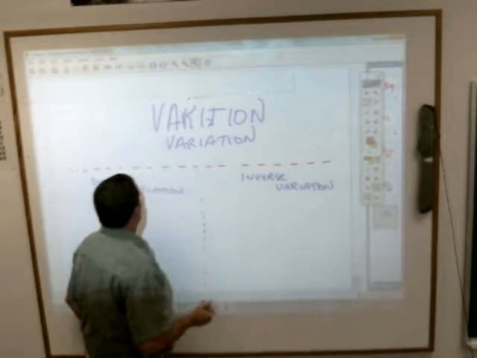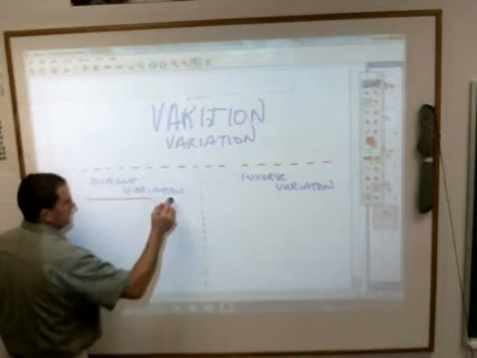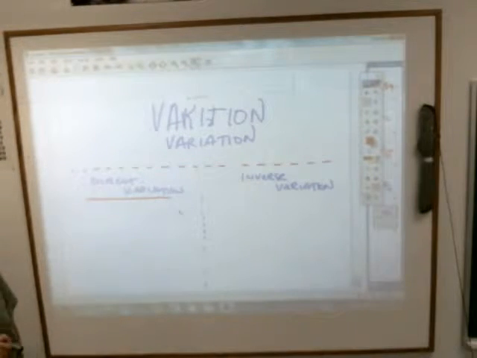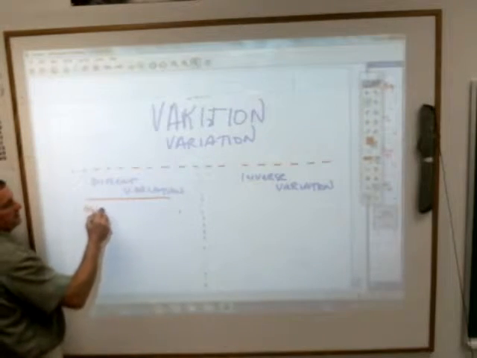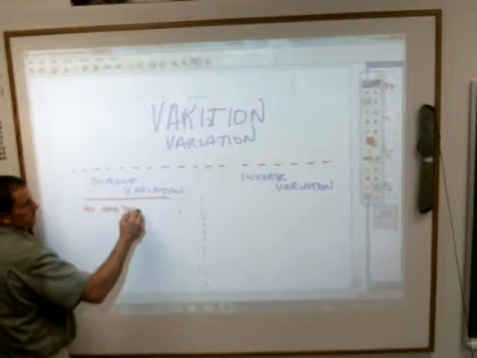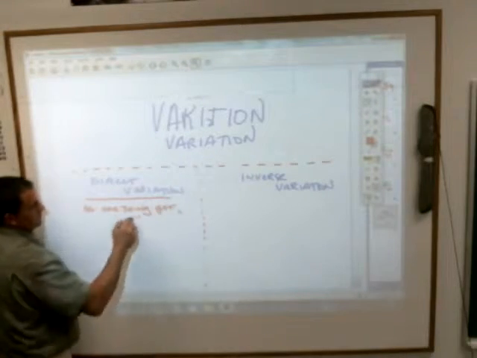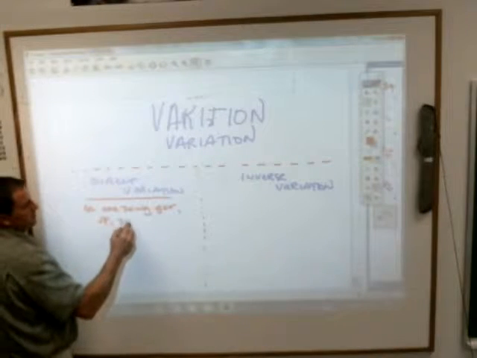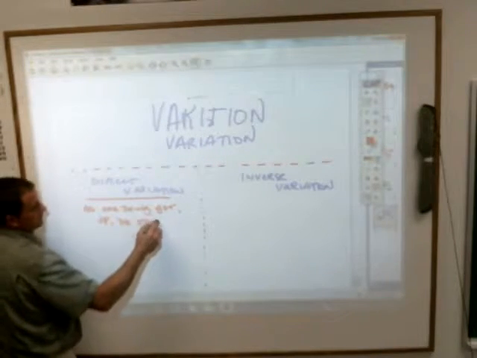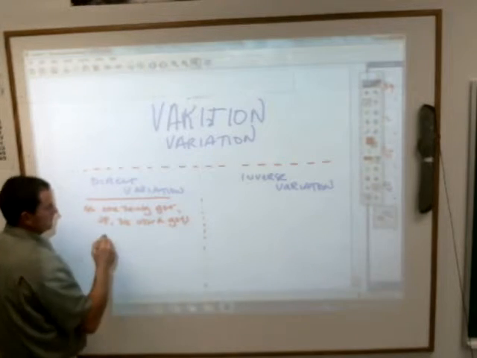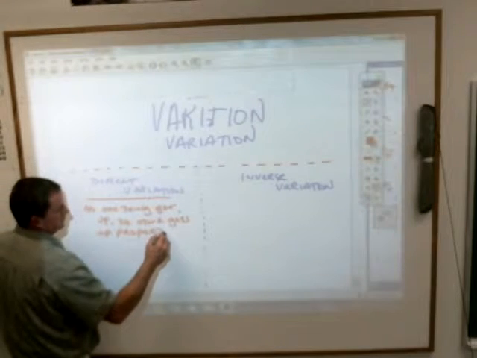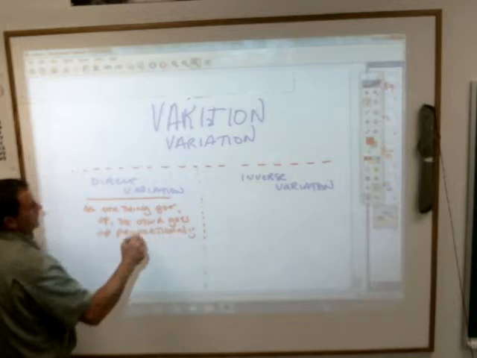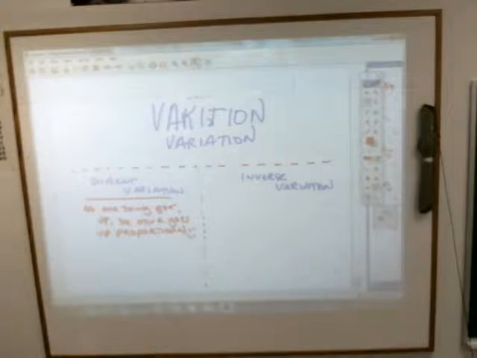Direct variation, simply put, is kind of the logical thing that we usually think of, and the fact that as one thing goes up, the other thing goes up proportionately.